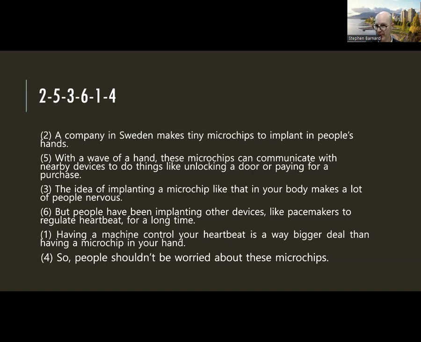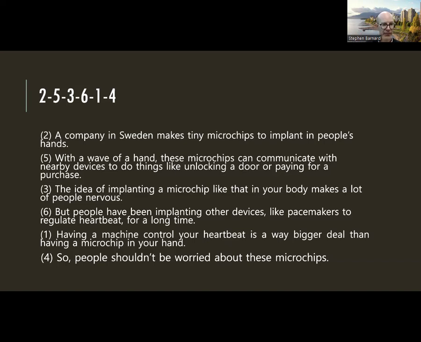Then this makes people nervous, but the person doesn't think people should be nervous. So they give us a counter argument that comes in two pieces. The first one, it compares it to similar technology. You know, we have been implanting things like pacemakers in people's hearts for a long time to regulate their heartbeat. And then we get a comparison. Having a machine control your heartbeat is a much bigger deal than just having a microchip in your hand.